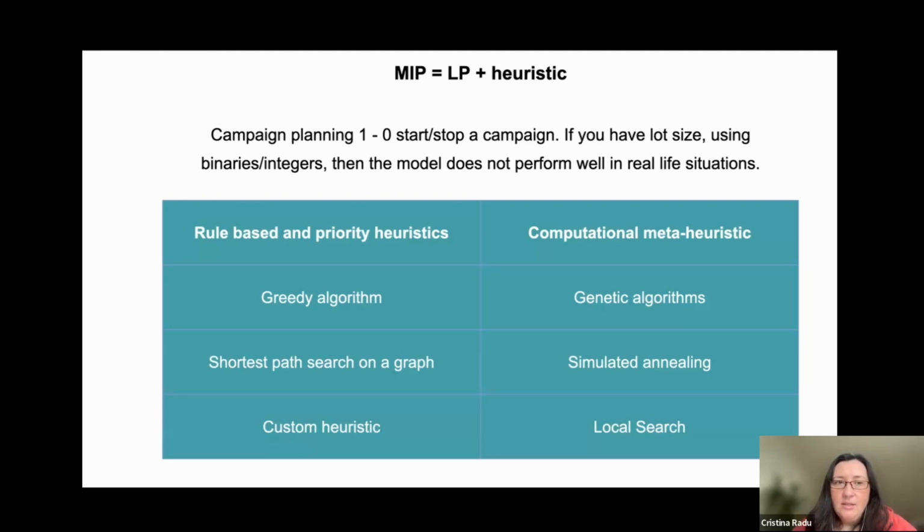What kind of heuristics do we have? Rule-based and priority heuristics, and computational meta-heuristics. From here, I just want to talk about the genetic algorithms, because I mentioned the constraint programming method. In one project, I did a packing optimization, and we used two algorithms, constraint programming and genetic algorithms.